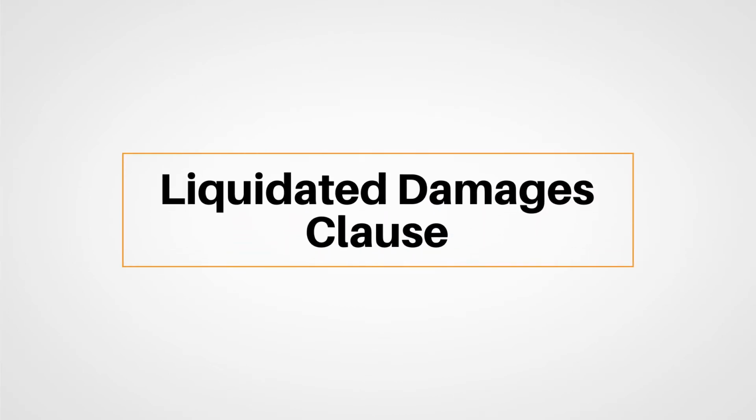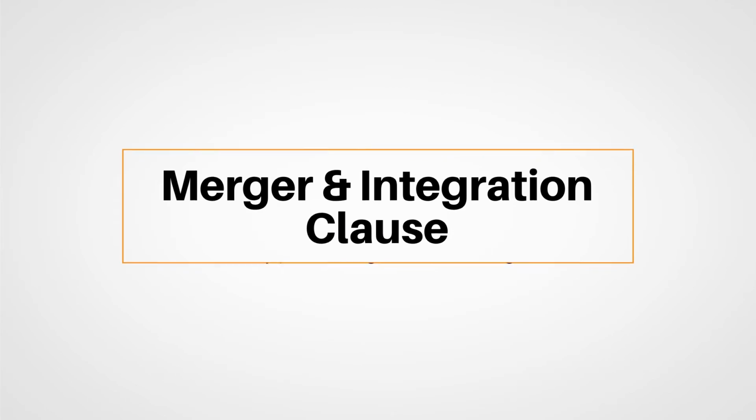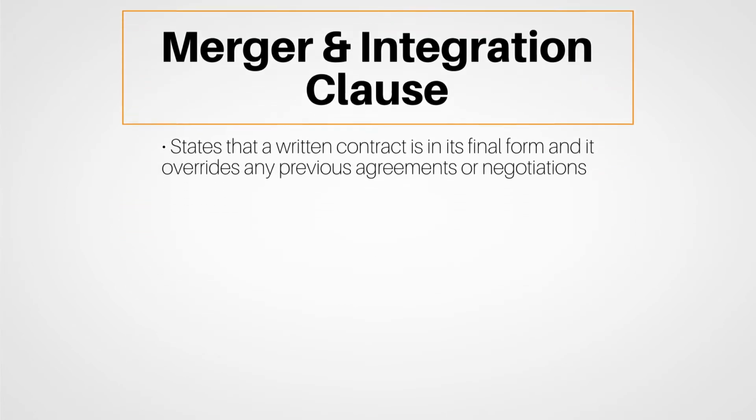Liquidated damages clauses generally set a dollar amount that would be paid if a certain type of breach of contract occurs. Merger and integration clauses state that a written contract is in its final form and it overrides any previous agreements or negotiations.